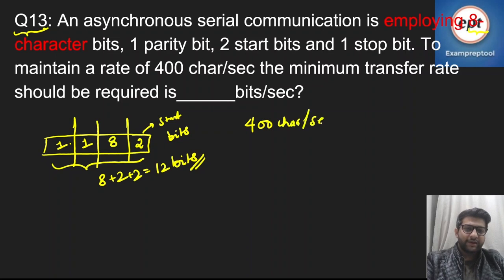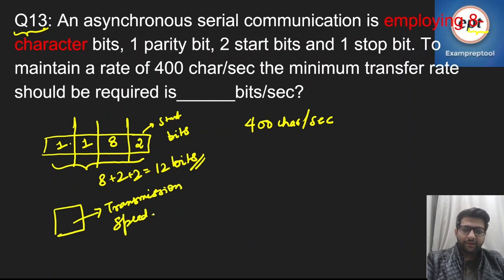It is asking what should be the minimum transmission speed of an interface to achieve 400 characters per second.